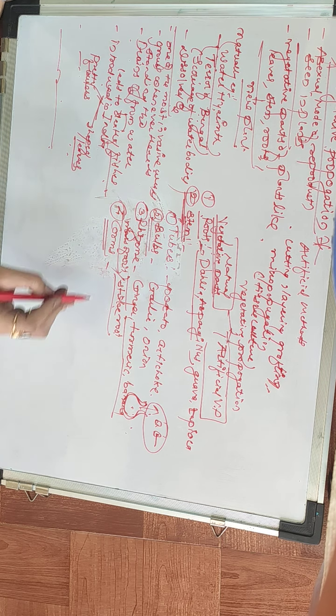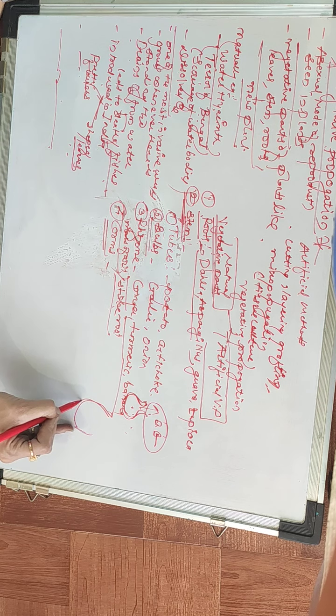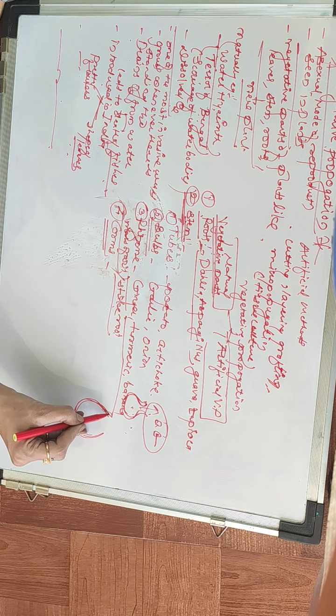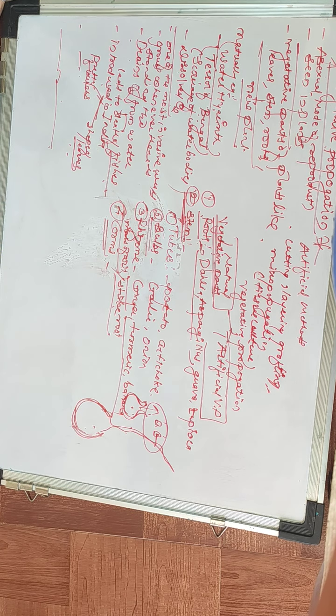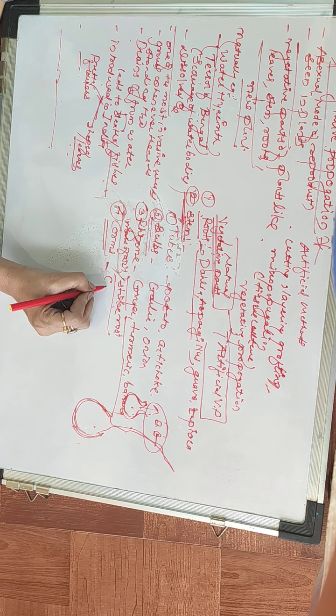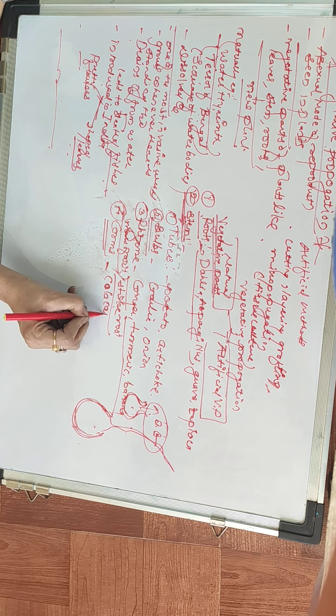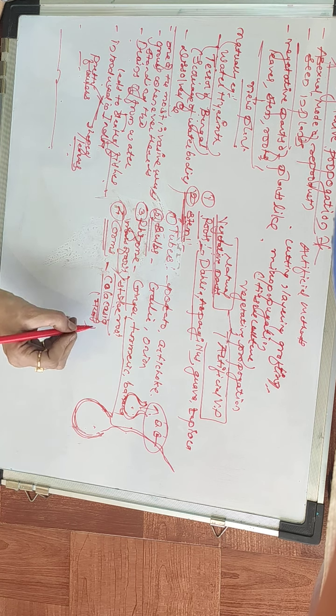Arbi is the example. This arbi has a bulb-like base and a tapering end. So that is an example of corms. The example of corm is colocasia, that is called arbi.